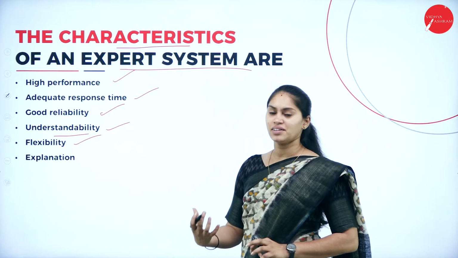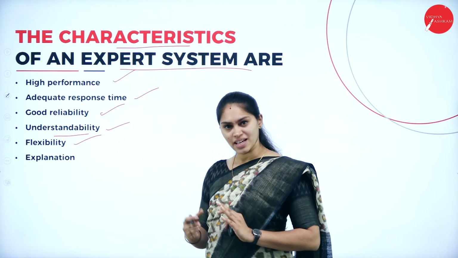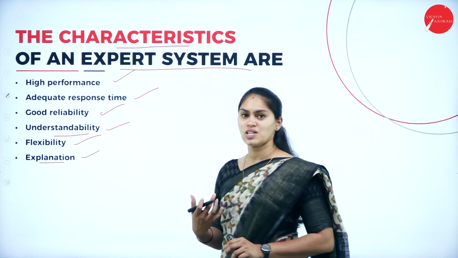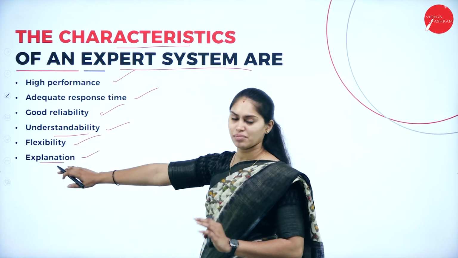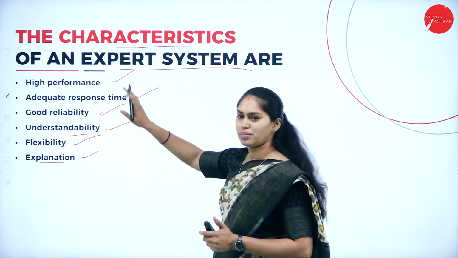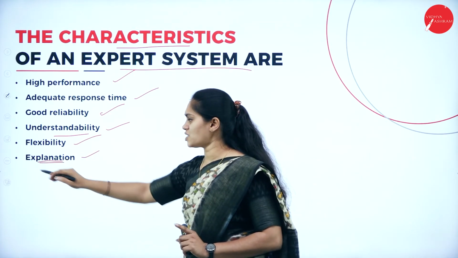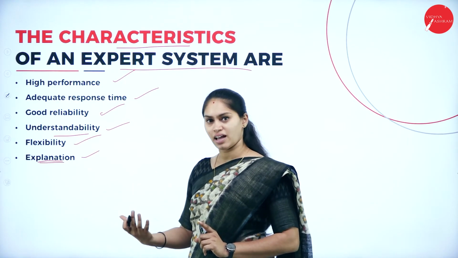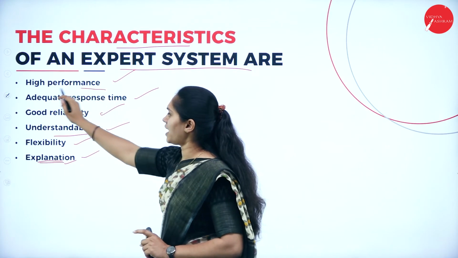It has the ability to add, delete, and sort the content which exists in the system, and it has a good explanation facility because we are replacing the expertised human with this expert system. That means it has to have the capability to explain how something has happened. So that is related to explanation.